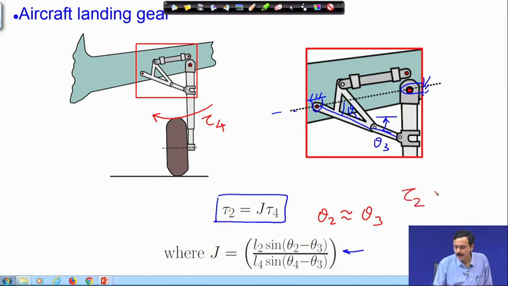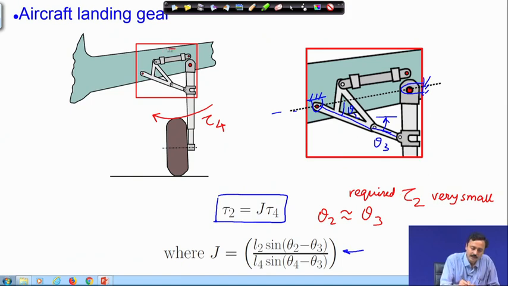The tau 2 required is very small. So, the tau 2 required to hold the wheel in the open position is very small, which can be easily done by locking this actuator. So, the mechanism takes the major load of the aircraft and the wheel will not get folded.